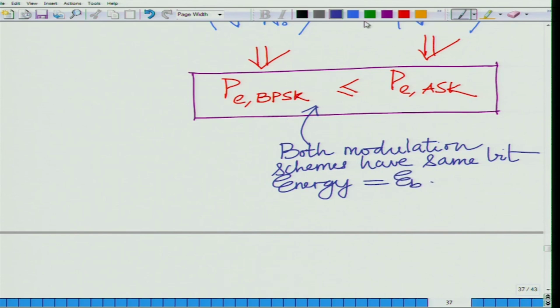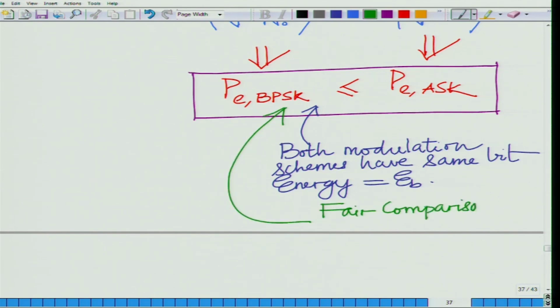Therefore, this is a fair comparison. The comparison has to be the same, because if one of them has a higher energy, it would not be a fair comparison.